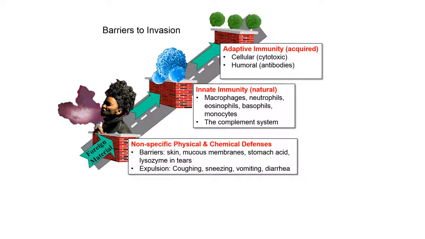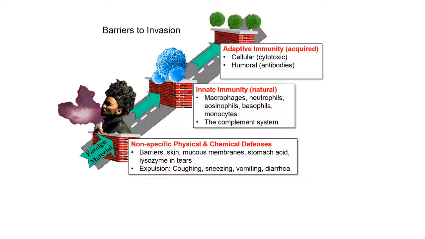Stomach acid kills most bacteria, only very few bacteria survive it. Lysozyme, etc. And also mechanisms of expulsion, coughing, sneezing, vomiting, diarrhea. We usually do not talk about them in discussions about immunity, but they have a certain role in eliminating or expulsion of the intruder antigen.